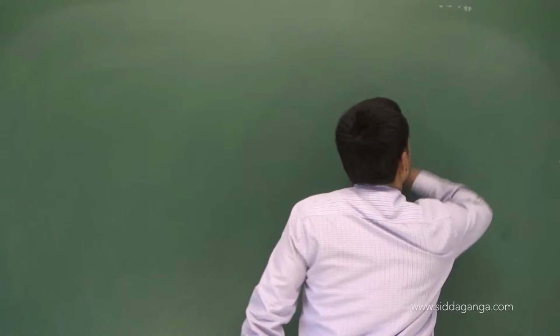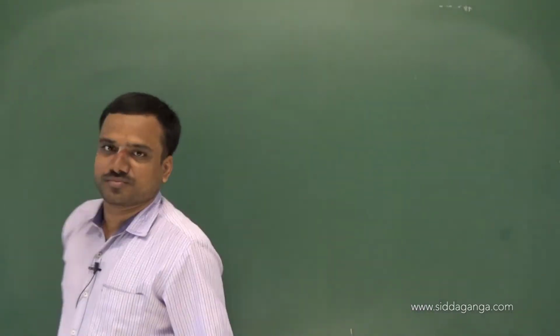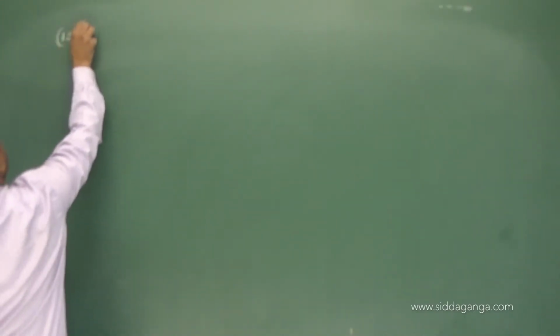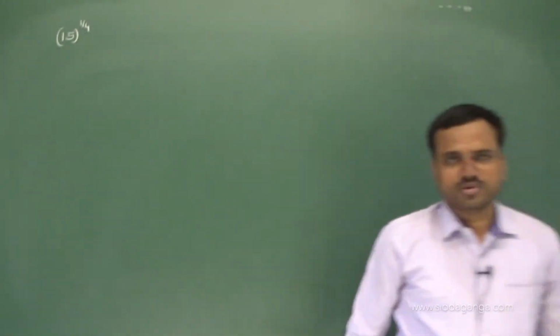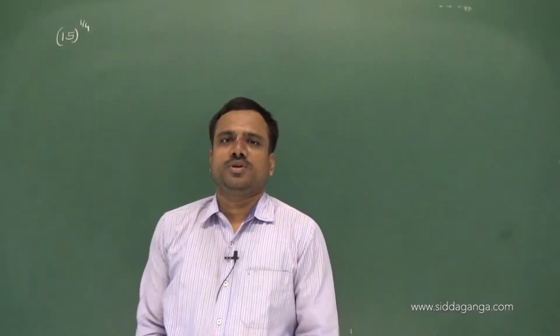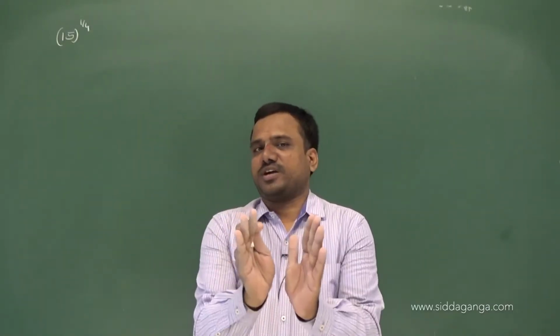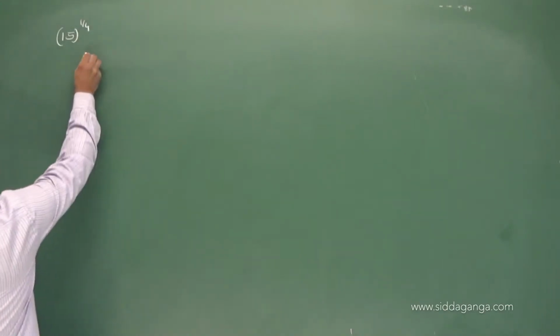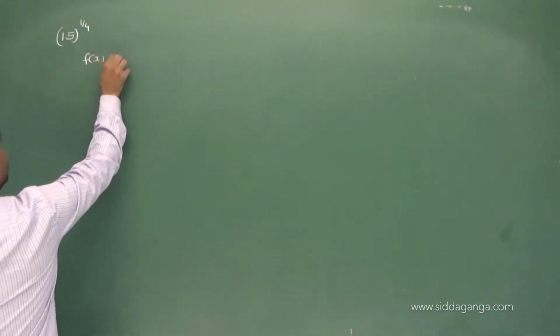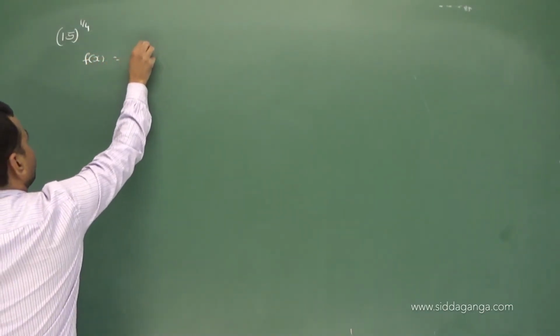Next we take fourth root problems. Under that, the first problem, fourth root, 15 to the power 1 by 4. So you already know the concept, how to solve this one. You also solve, then only you are perfect in the concept. What do I take as the function? F of x is x to the power 1 by 4.